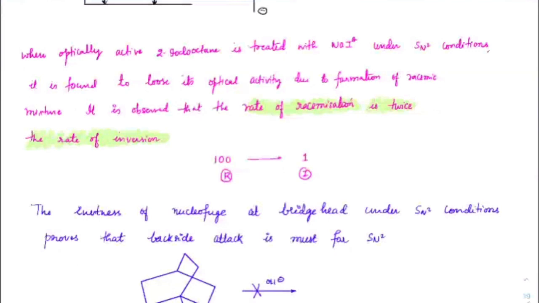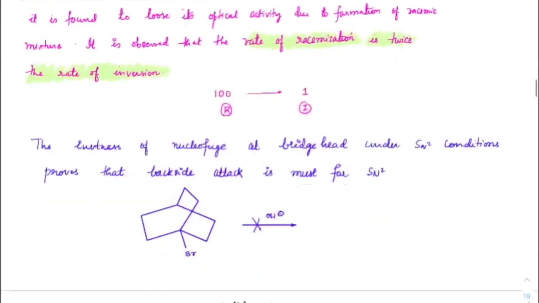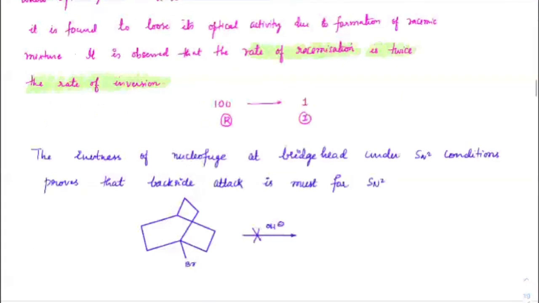One molecule which was R is converted to S, so it got inverted. But for a racemic mixture, that one R and one S together become a racemic mixture. So remember it that way: the rate of racemization is twice that of the rate of inversion.